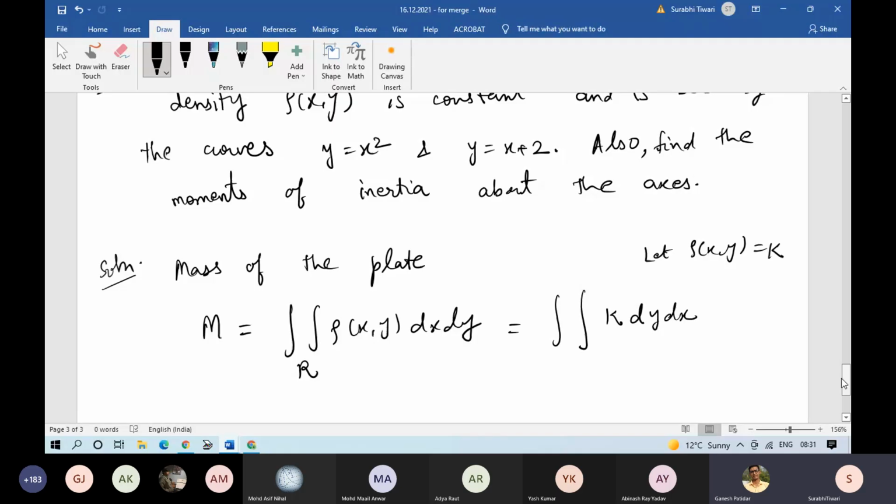Okay, so the curves are y is equal to x square and y is equal to x plus 2.